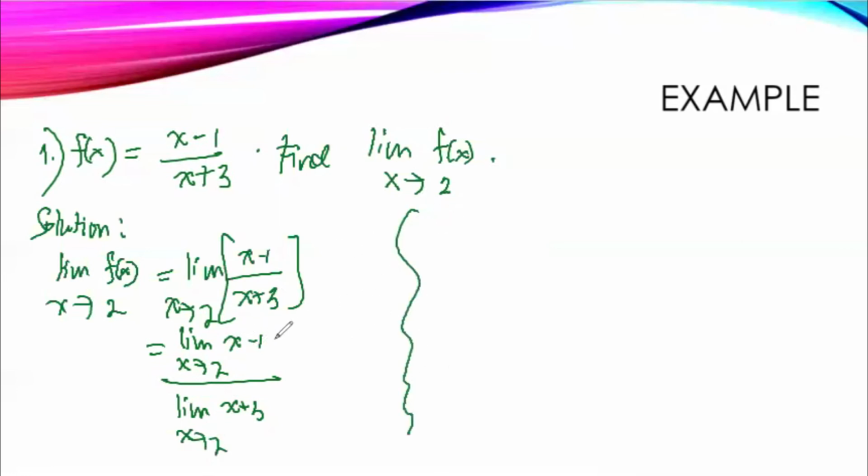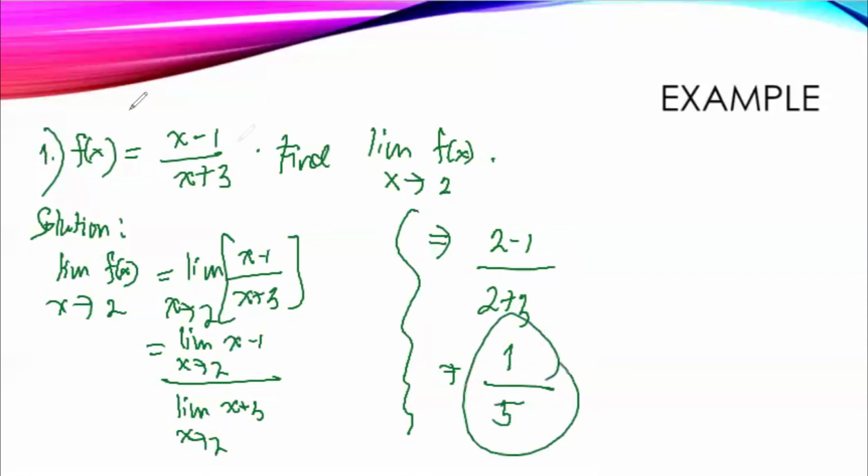Now, what is the limit of the numerator? This is linear again, so we can simply substitute 2 for the variable. So we have 2 minus 1 over 2 plus 3. 2 minus 1 is 1, 2 plus 3 is 5. Therefore, the limit of this function as x approaches 2 is equal to 1/5.